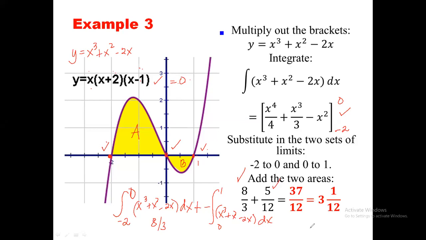Did you get 5/12? What about the others? -5/12. If you substitute the upper limit here, which is 1, that would be 1/4 plus 1/3 minus 1.